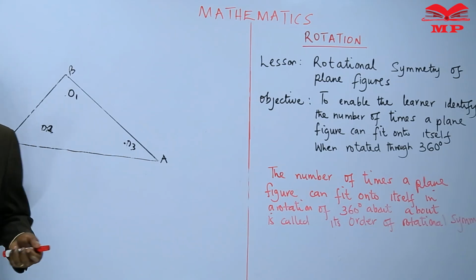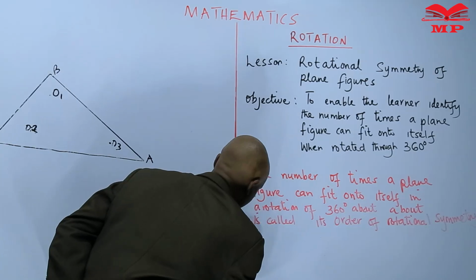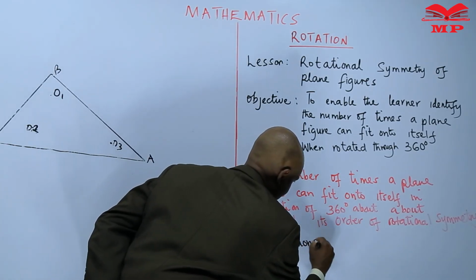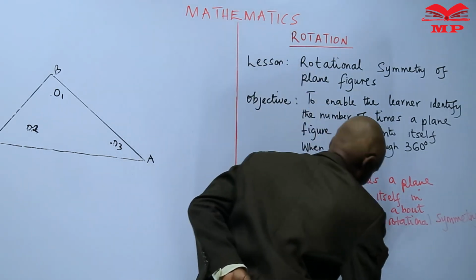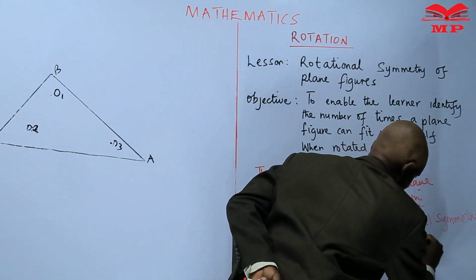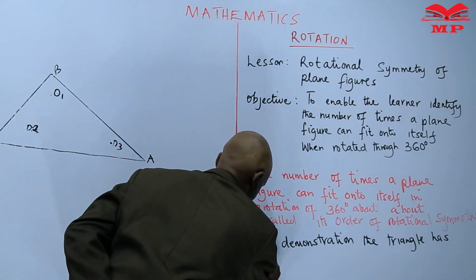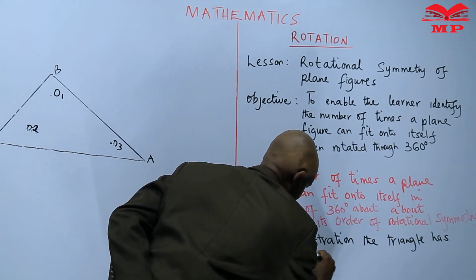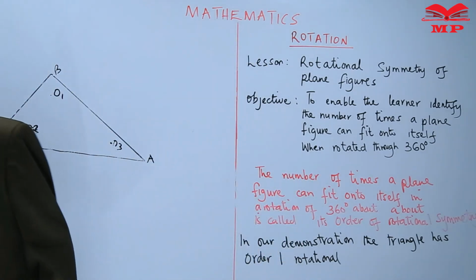We've done an example there, and we find in our demonstration that the triangle has order 1 rotational symmetry.